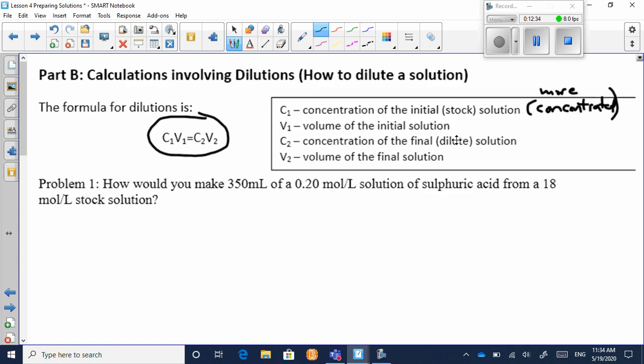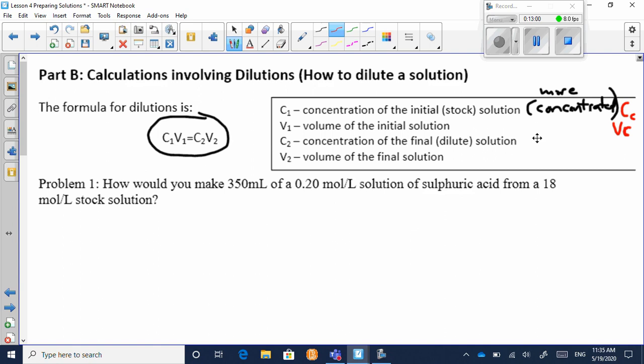Okay, you will often see, sometimes people will write it with different subscripts. They'll write it like this, and you'll see why. Instead of doing C1, they'll often write C with the subscript C, meaning the concentration of the concentrated solution. And then this one would be V with a C, so VC, volume of your concentrated solution.